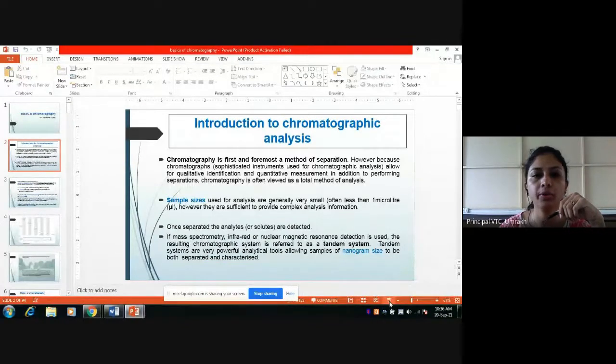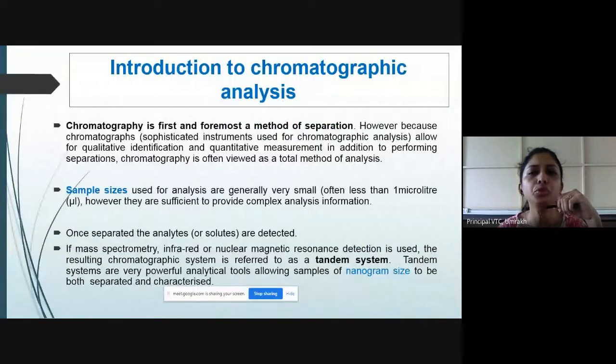Okay, so chromatography was initially used for separation, but due to advancement and sophistication in instruments, we are able to go for quantitative as well as qualitative analysis and identification through chromatography. We know that there are a number of methods in chromatography; different kinds of chromatography are there.